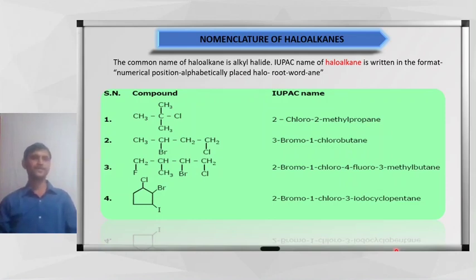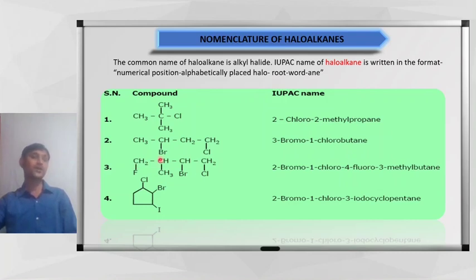There are also 4 carbons, and there is a problem because here there is chlorine and here also fluorine. So from which side we are going to do the numbering, that is an important point. Now see, more halogens are present on this side, so we start from here. This is carbon number 1, carbon number 2, carbon number 3, and this is carbon number 4.